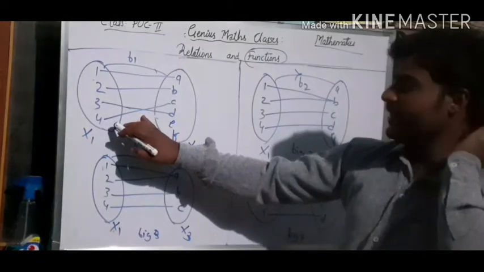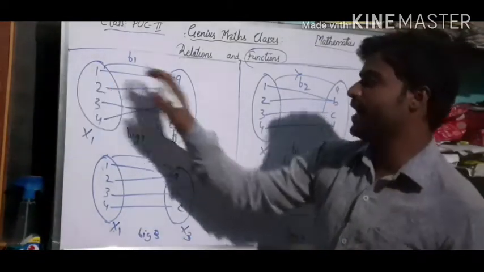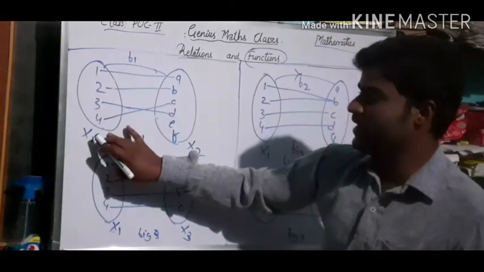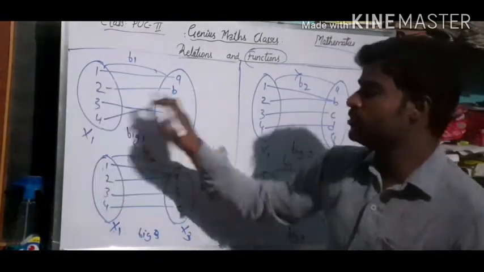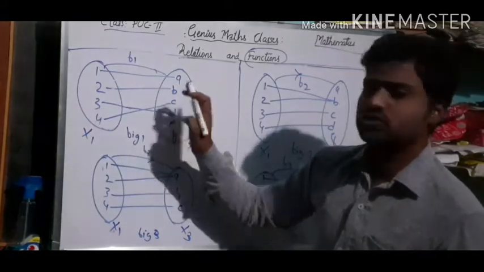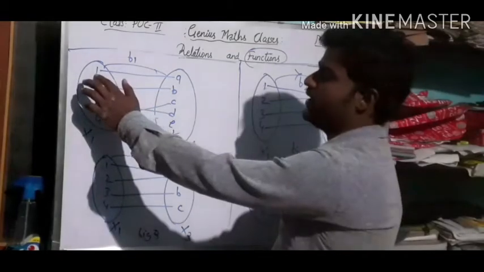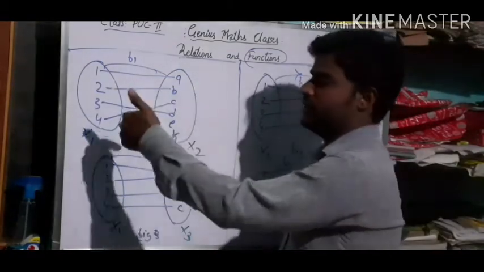One-one: the function should map to one image only. The elements should map to images so that they are not equal. Just observe here. 1 is mapped to a unique image.